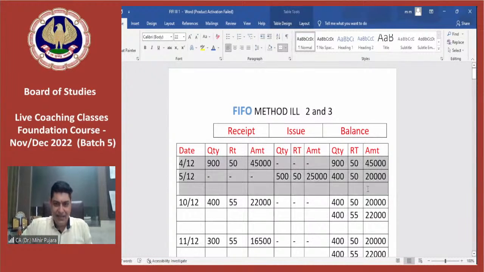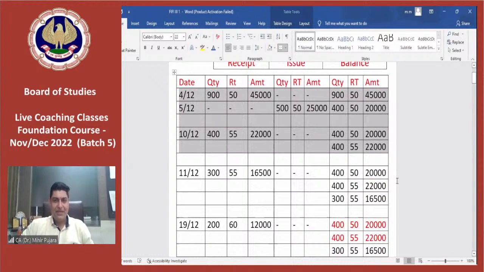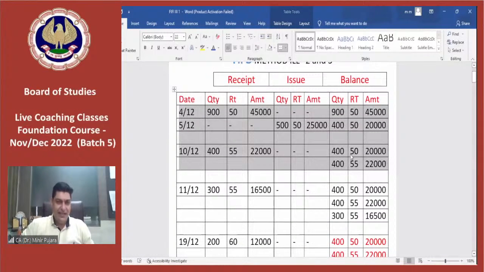I can say till this point in LIFO method also answer will remain same. Till this point FIFO LIFO will remain same.